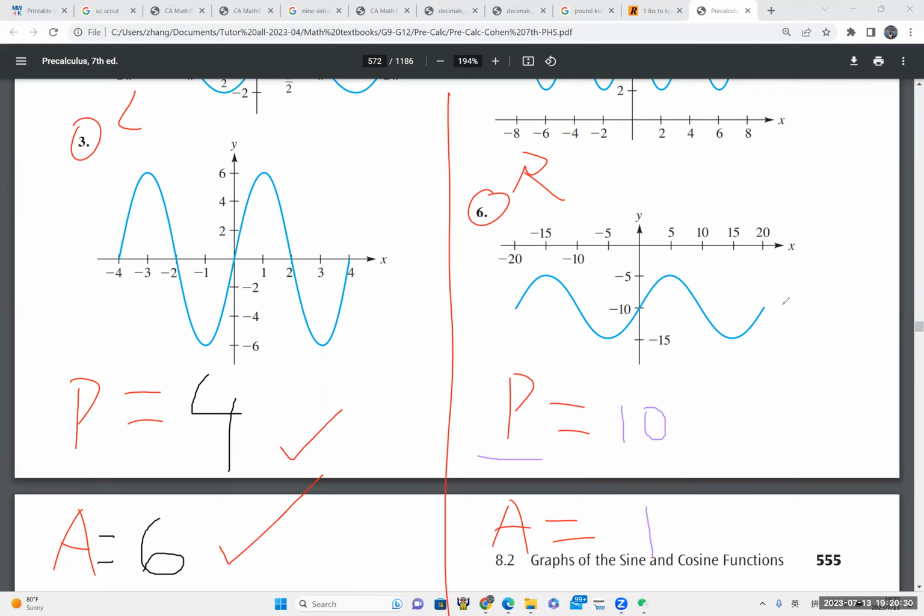Here, from here to here is a complete period, right? So the period is 20. Then amplitude, from here it's -5. Here is -15. So the difference is 10. But we need to divide by 2. So amplitude is 5.